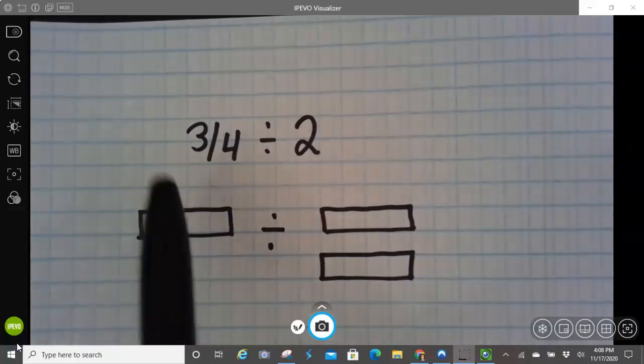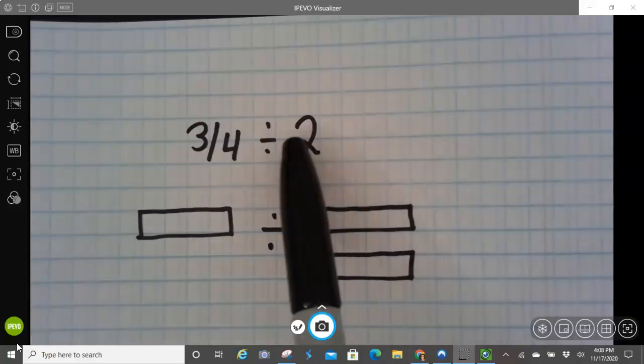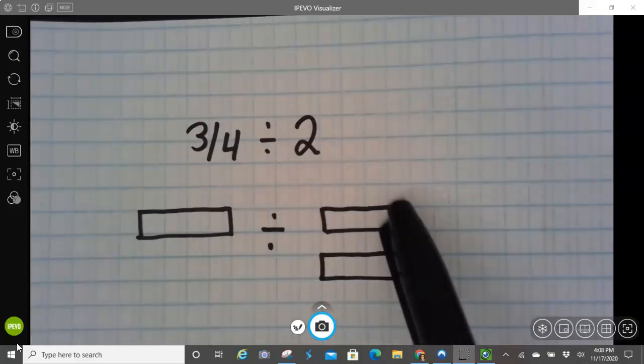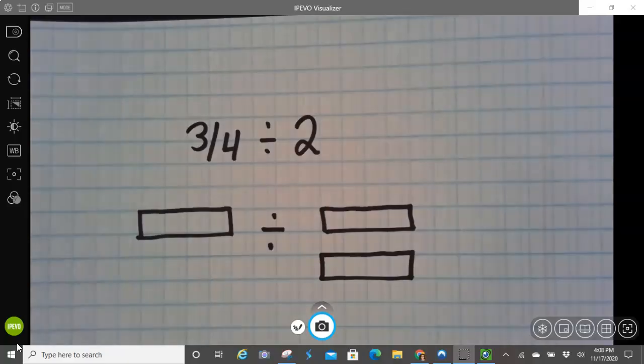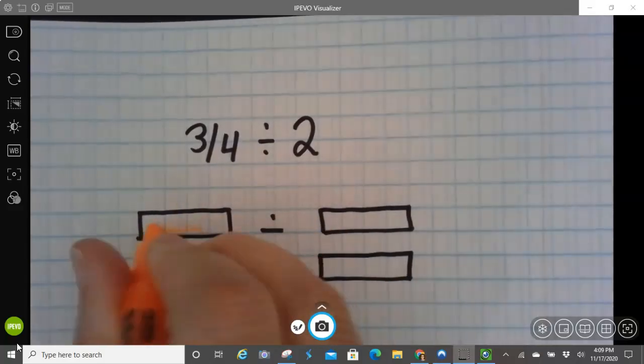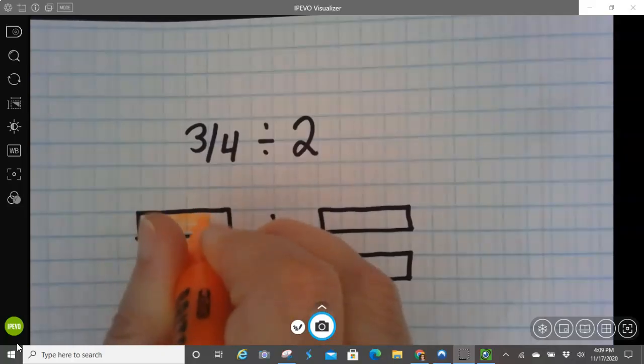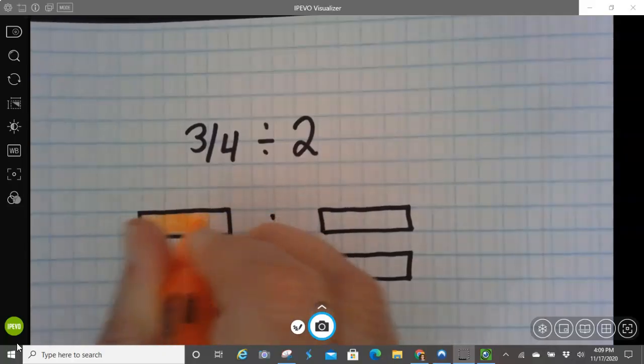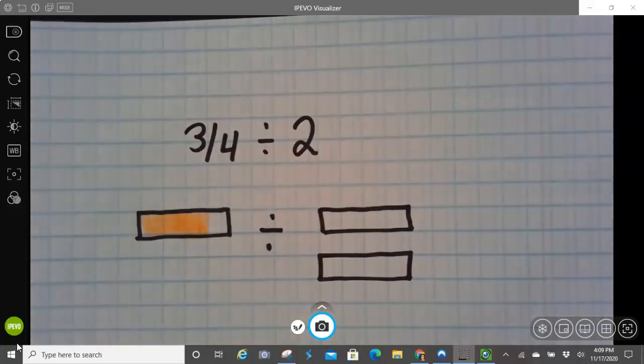Here's my box for my 3/4, and since I had 2 wholes, I made 2 boxes here on this side. What's the next step that I'm going to do? Yep, the next step is that I'm going to shade. Here is my 3/4. There's 3 out of the 4.